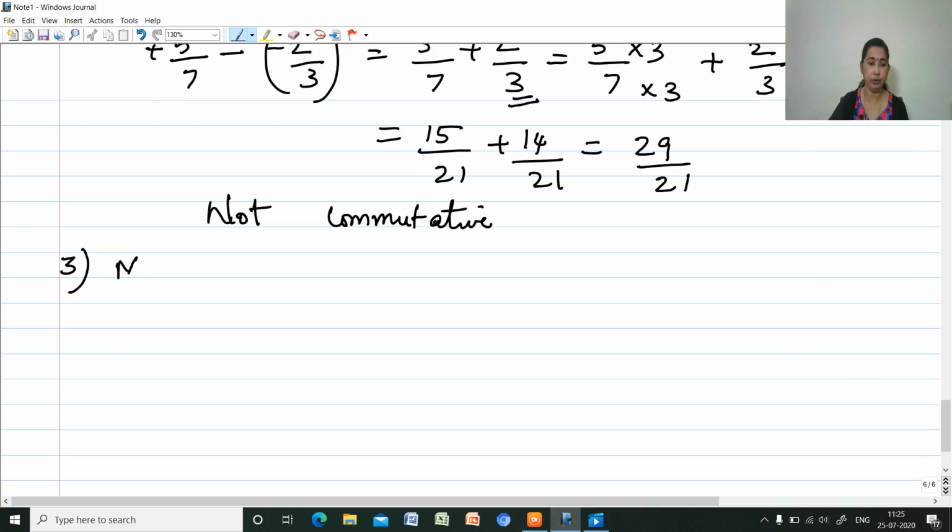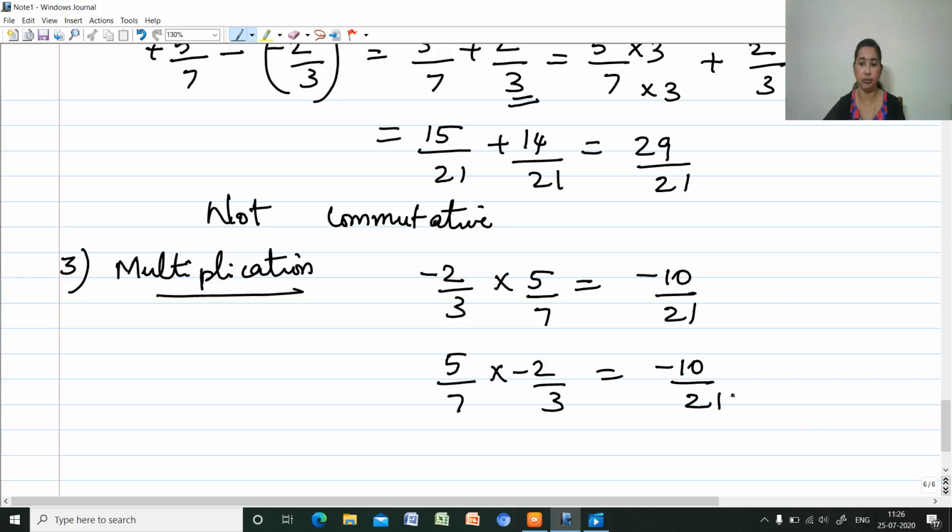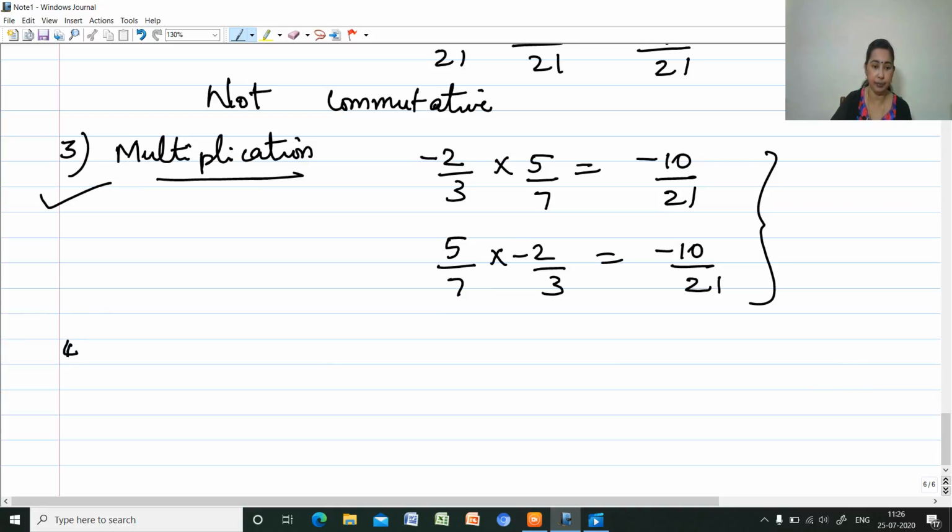Now the third one, we have to check whether multiplication of two rational numbers is commutative. So minus 2 by 3 into 5 by 7, that is minus 10 by 21. In the reverse order, if we are checking 5 by 7 into minus 2 by 3, that is again minus 10 by 21. So from these two we can say that commutative law is satisfied for multiplication. Then the last one to check is division.